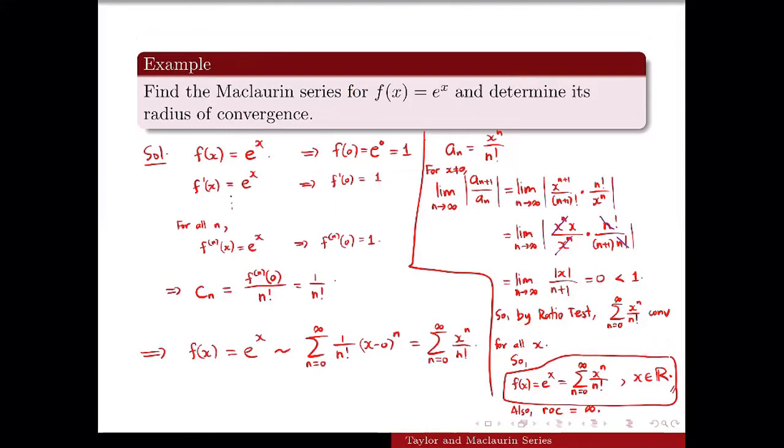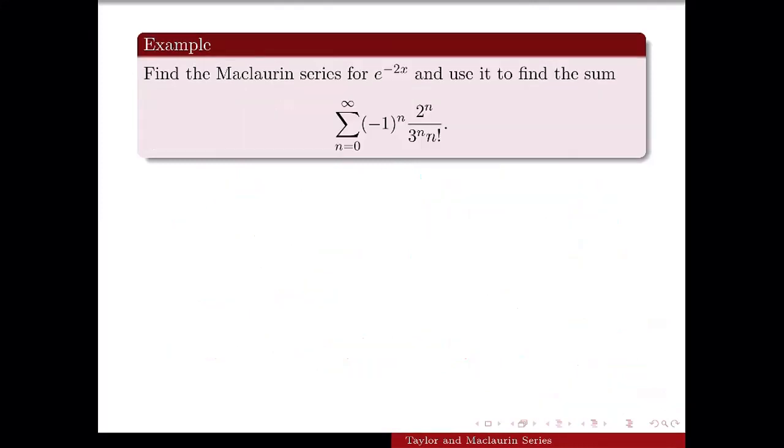Note that the equality is true for all x in the set of real numbers. So if you have this minus 2x here, it's still a real number, so the equality is still valid.